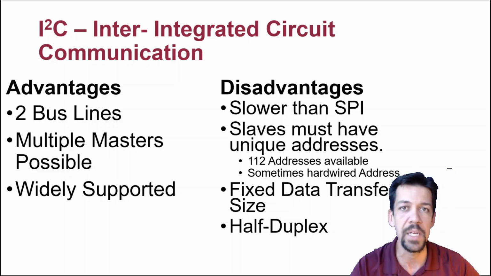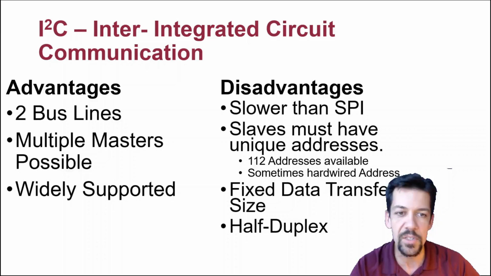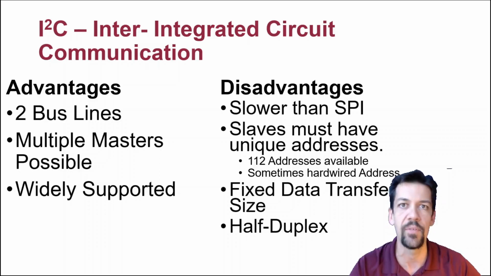The medium speed implementation is only supported up to 100 kilohertz, or kilobits per second. So it's a little slower. Every slave device must have a unique address, and there's only 112 addresses available. And sometimes those addresses are hardwired, so it's sometimes very challenging to have a bunch of devices.